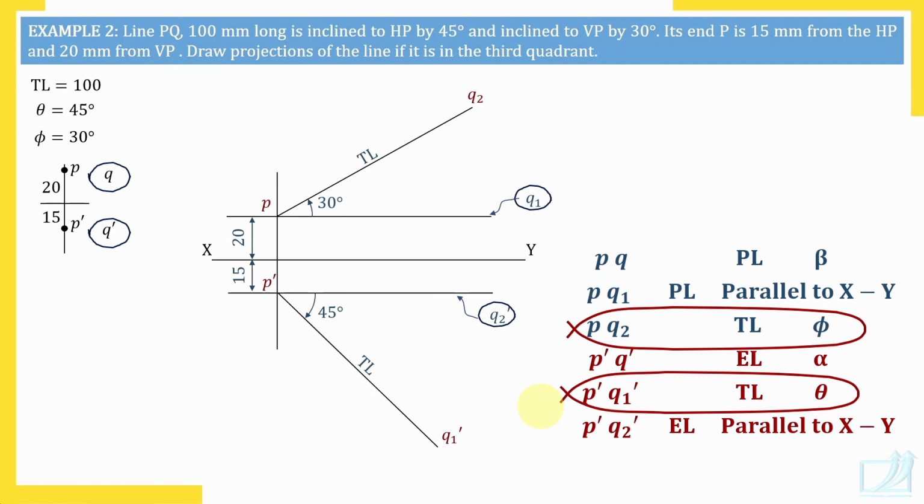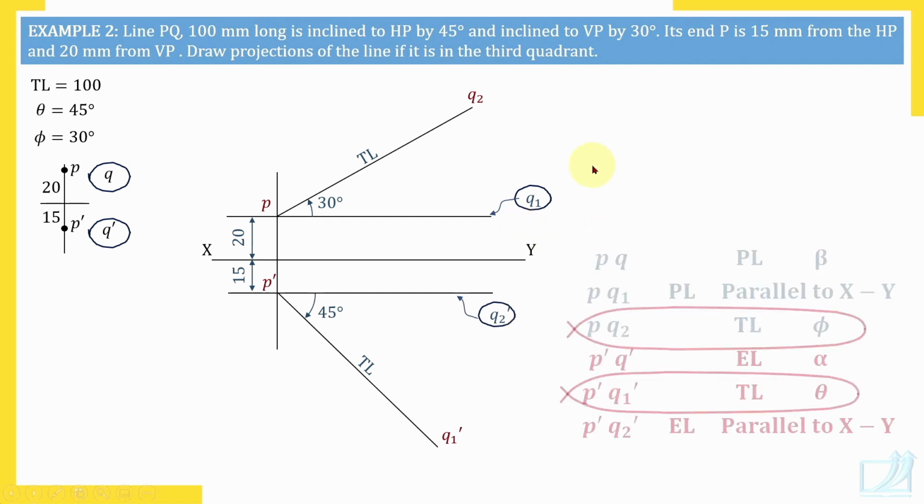When you are sure that there are horizontal and vertical lines through all labeled points, use the compass to rotate EL or PL. When you use the compass, you get one more point. So through that new point also you should draw horizontal and vertical lines. If you wish to use the compass a second time, then also without having horizontal and vertical lines through all labeled points, don't use the compass. Okay, so you will understand it better while solving problems.